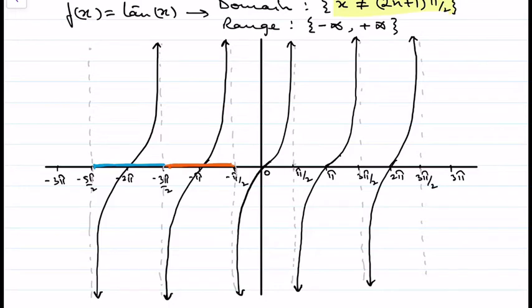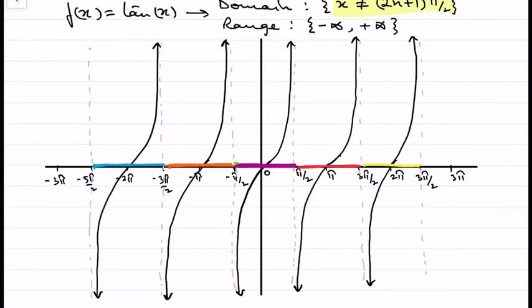Similarly, we can say the same for the intervals from minus 3 pi by 2 to minus pi by 2, from minus pi by 2 to plus pi by 2, pi by 2 to 3 pi by 2, and 3 pi by 2 to 5 pi by 2, and so on.